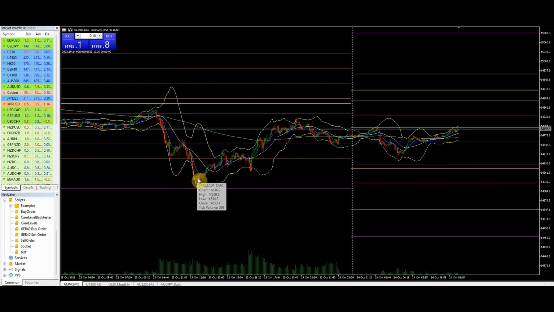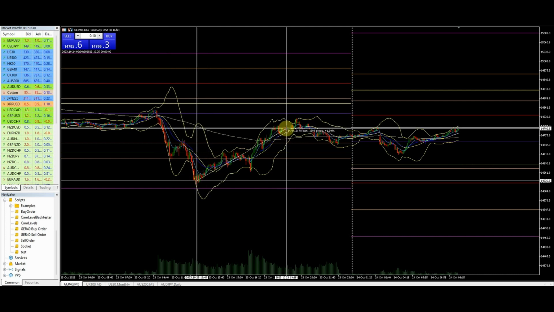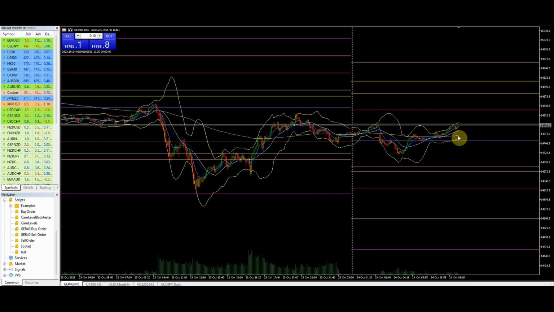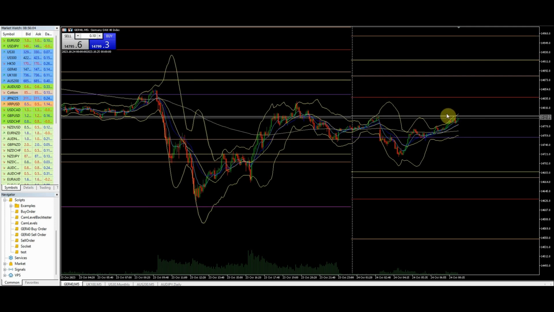However, it did turn back around after running into the S1, and that provided some resistance to push the market back down before we came back up to hit that close price. So there's about 160 points in that move, which is really quite a good move on the DAX. If you're trading the DAX, for example, through Apex Trader Funding, you'd be looking for the FDAX contract. The close forms a common target.